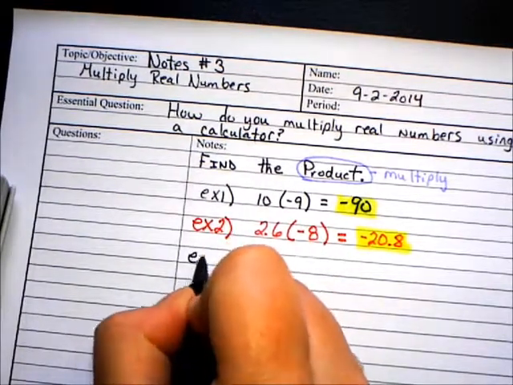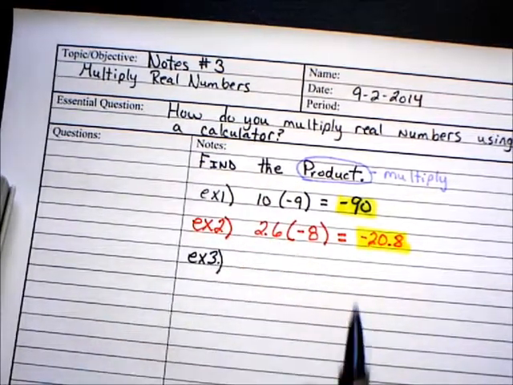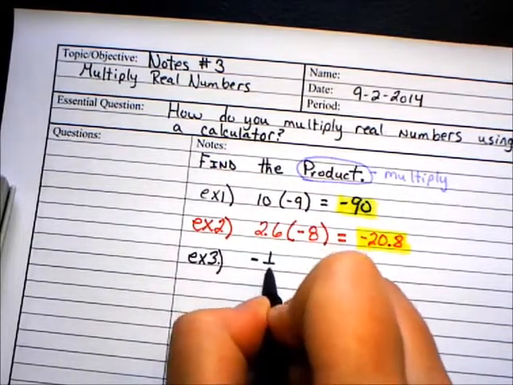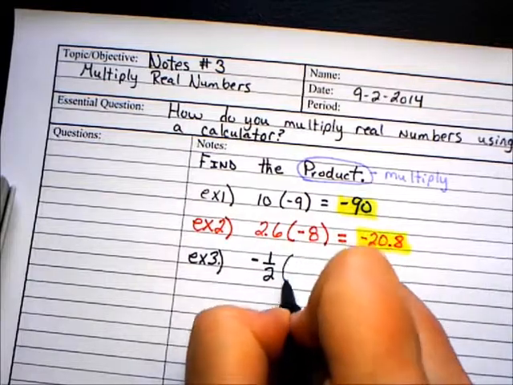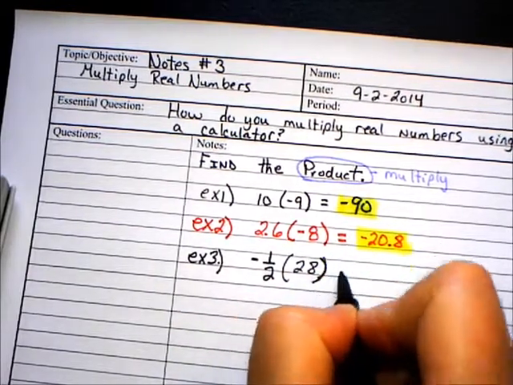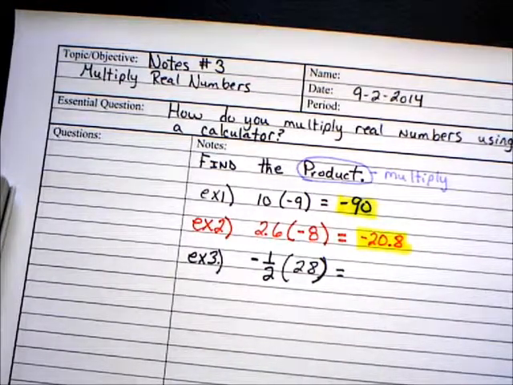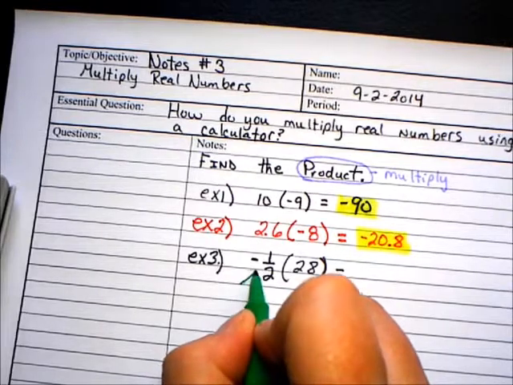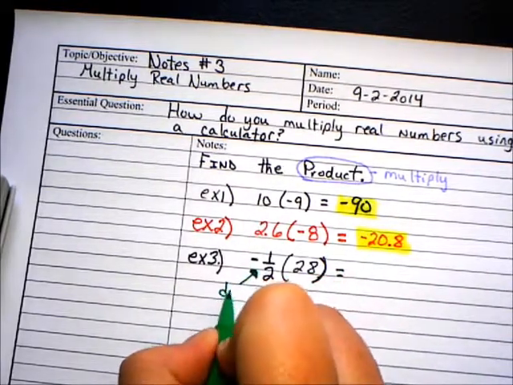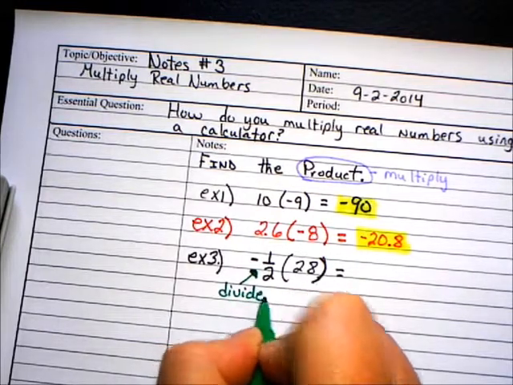Alright, I'm going to go to example 3, and they change it up a little bit. The expression is negative 1/2 parentheses 28. You want to know what this equals. Do remember that this 1/2 is a fraction, but in the calculator it's the same thing as just pushing the divide button.